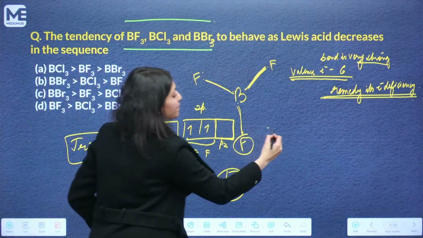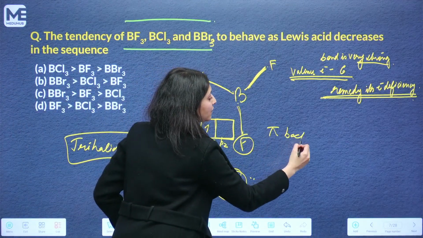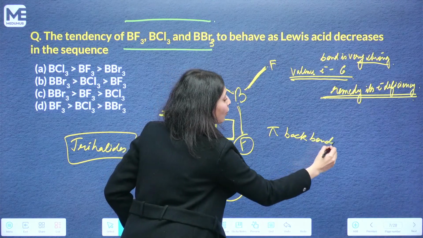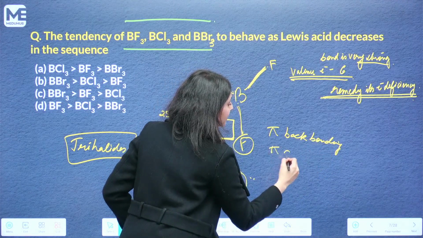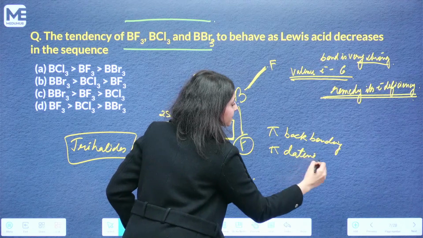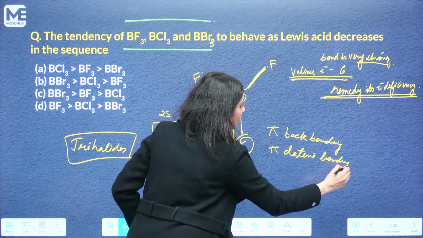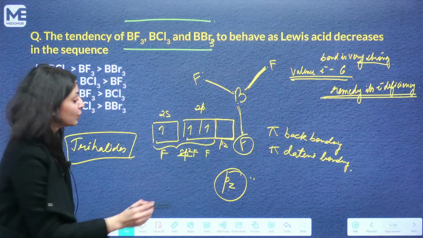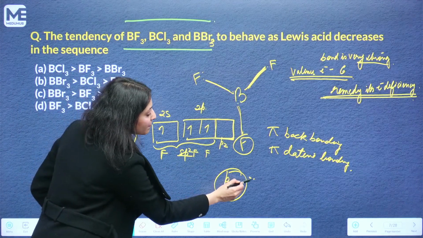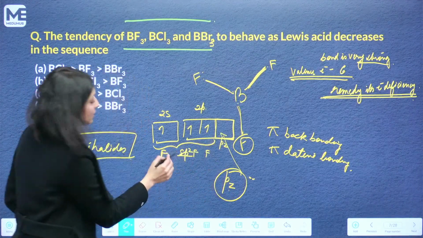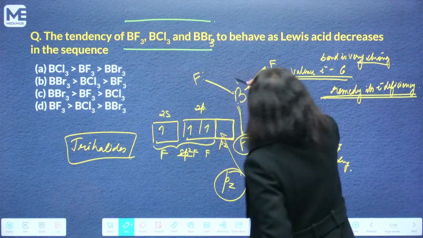So pi back bonding or pi dative bonding takes place, and the pz orbital of fluorine donates its electron pair to the empty pz orbital of boron, which is perpendicular to this plane.